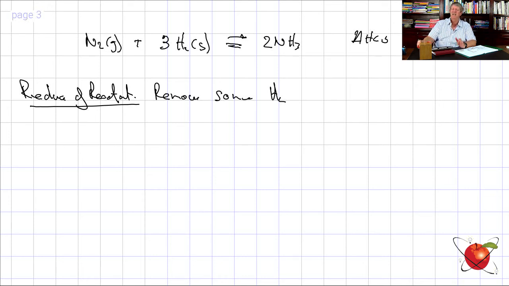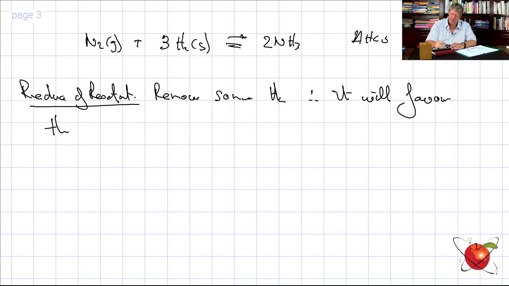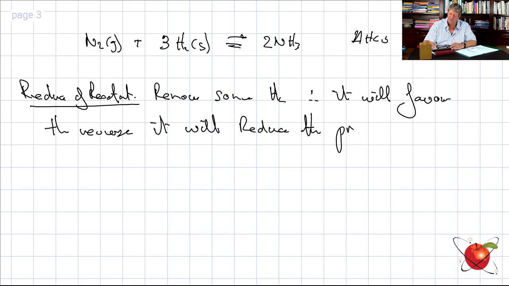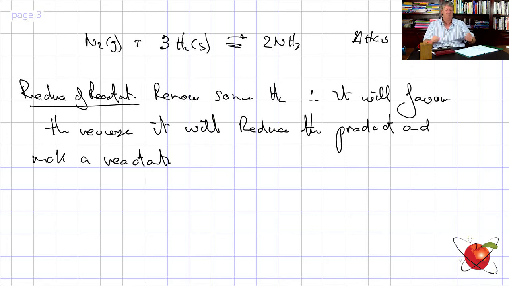What does Le Chatelier say? It says I need to make hydrogen. Therefore, it will favor the reverse. Okay? It will reduce the product and make a reactant. It's always trying to keep this balance, isn't it? That's what it's after. It's trying to keep the balance.